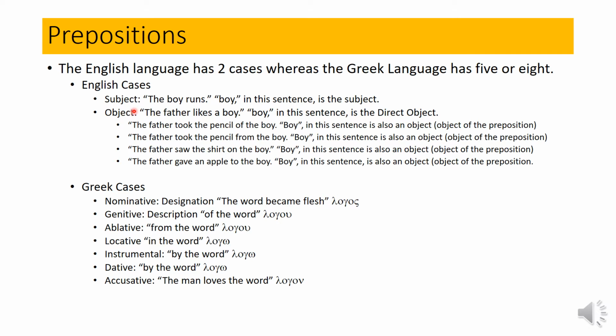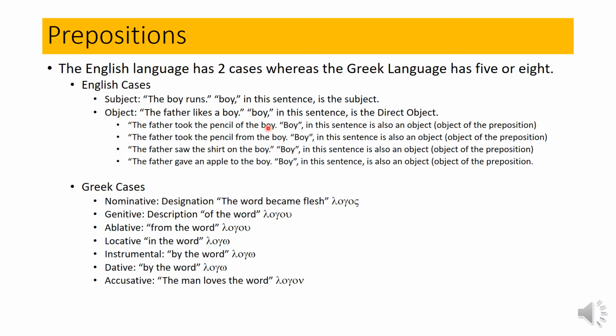Now, in English, there are other uses of the object. And in English, these other uses that I have listed here fall under the object case. For instance, if I have the sentence, the father took the pencil of the boy, boy is the object of the prepositional phrase of the boy.